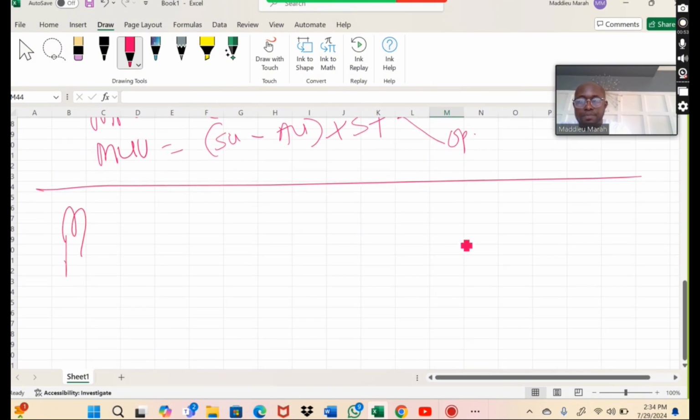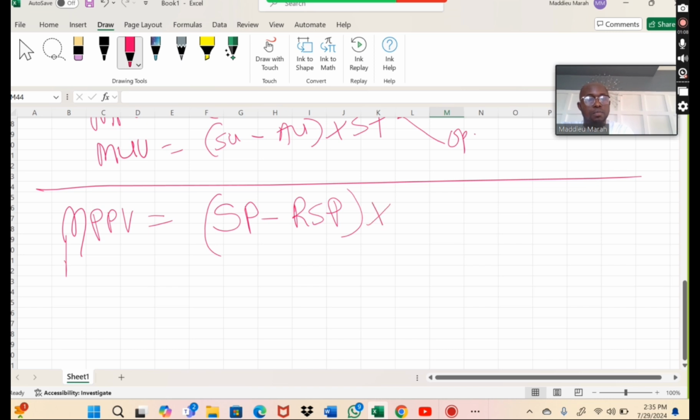Material price planning variance. We still start with our standard price minus revised standard price, multiplied by revised quantity. This is the formula used by the recent examiner for ACCA. But before this time we were also using multiplied by actual quantity, and this is also correct.